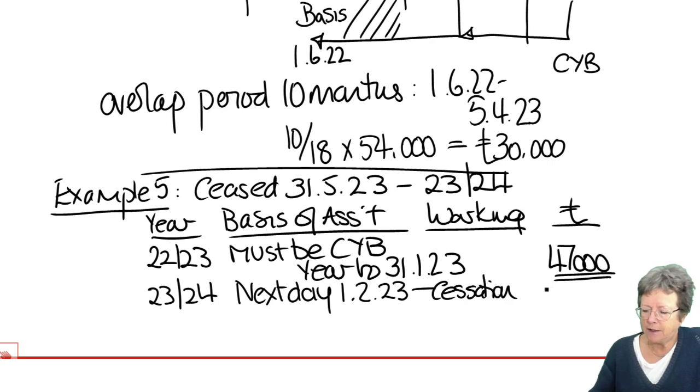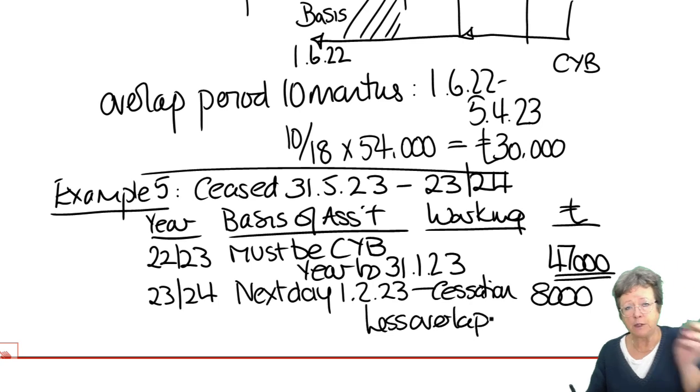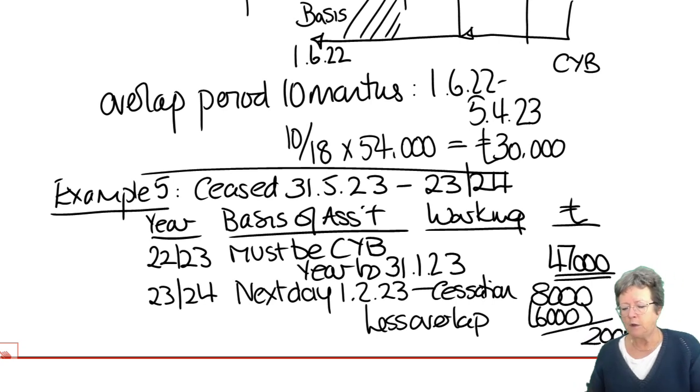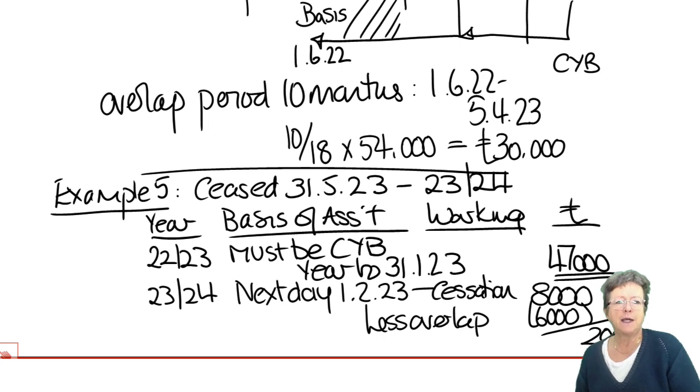So that will be £8,000 worth of profits, those last 4 months, less overlap, because this is where you get the relief from. You get the relief when you cease to trade. Question says it was 6,000, therefore 2,000 is the figure that needs to be taxed and needs to go into his income tax computation for 23-24.